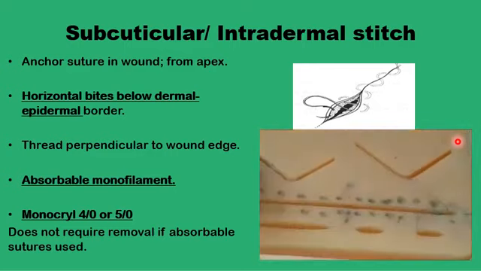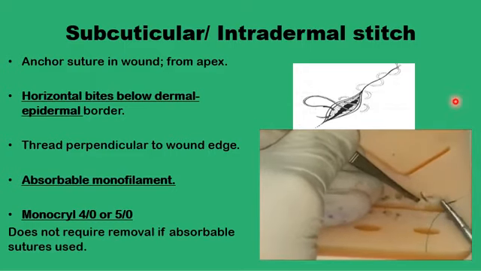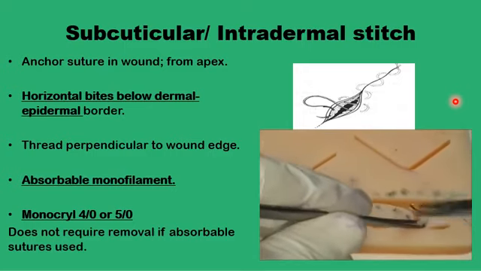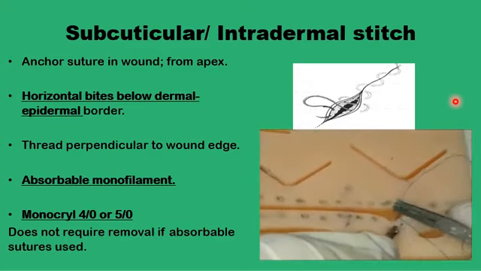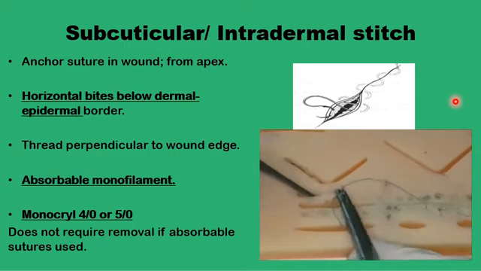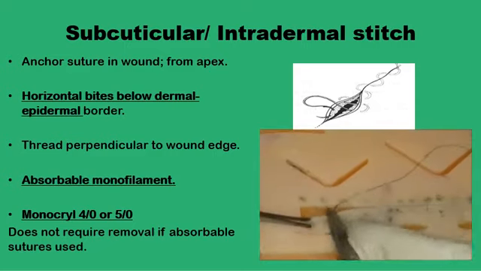It's the one you use if cosmetic results are essential, and also if there are any doubts about developing keloids. And if you use an absorbable filament like a Monocryl 4-0 or 5-0, you don't need to worry about removing the sutures.